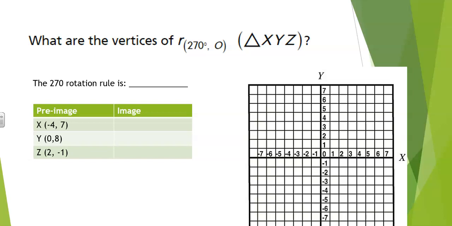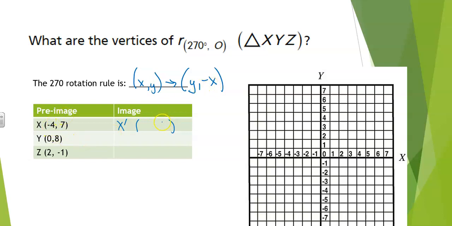So the rotation rule for 270 is (x, y) becomes (y, -x). So whatever x is in the pre-image, in the actual image, the x gets negated, the opposite sign, and I put it in the y coordinate.